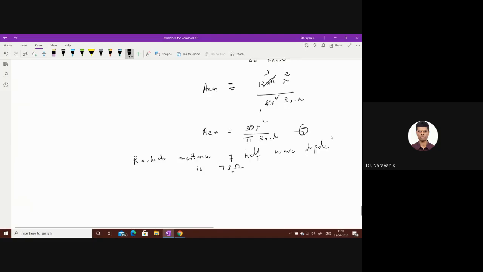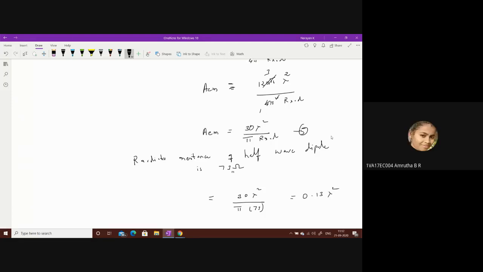So what you will end up getting? That will be 30 lambda square divided by pi into 73. Are you getting this 0.13? Yes, sir.